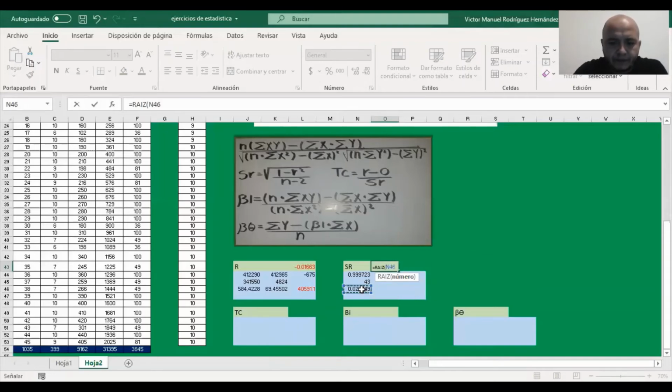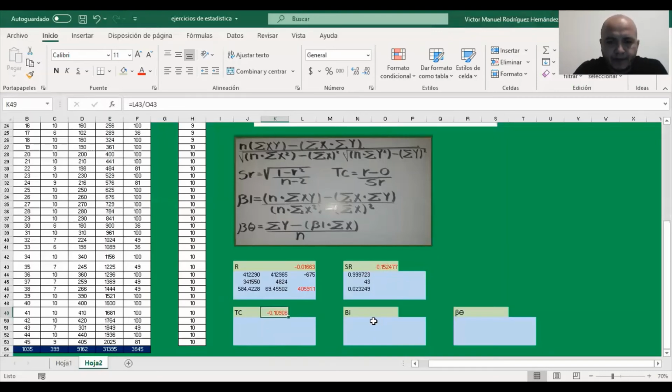Raíz, select the number, close parenthesis, and there we have the result. So now we have R, we have SR. To get TC, all we have to do is divide R, which is this one, divided into this one. And here we have the result already.